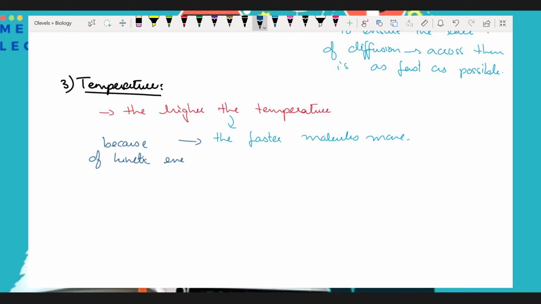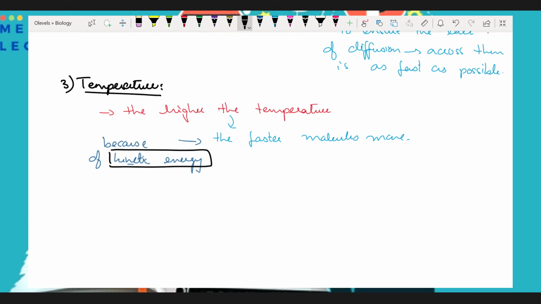Students, what is kinetic energy? Constant random motion of particles. Okay, good, Numan. Yes, the energy that anything or a particle possesses, which is used up in its movement. Good.